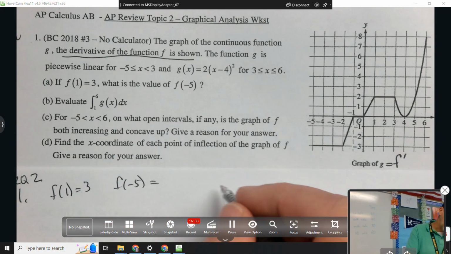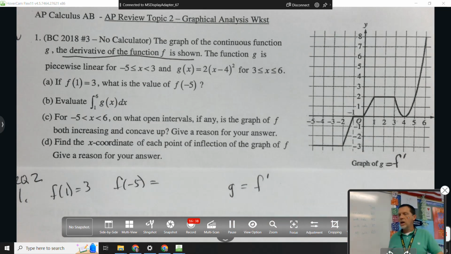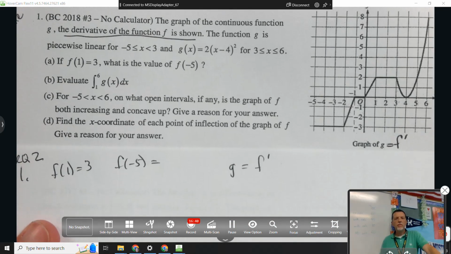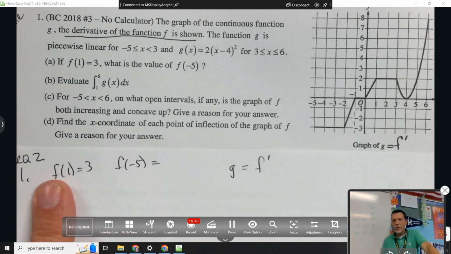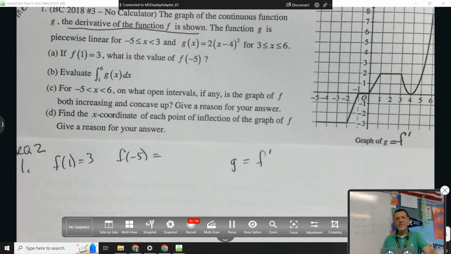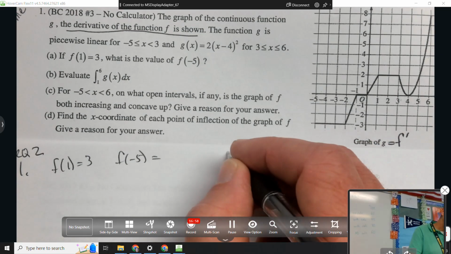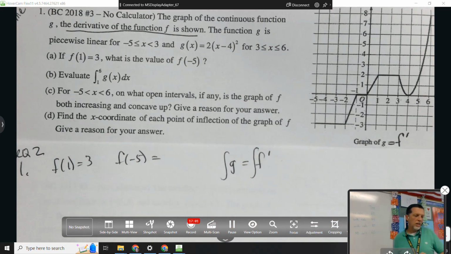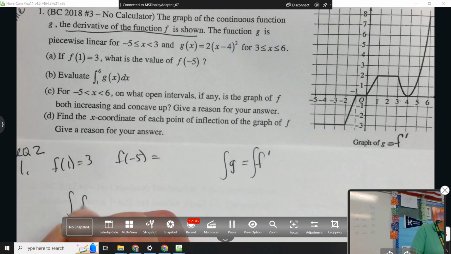Let's see. So g is equal to f prime. If I want to know something about f, they're asking me f questions, but they've given me f prime. How do I get from f prime back to f? The antiderivative. So I need to antiderivative f prime, or g.